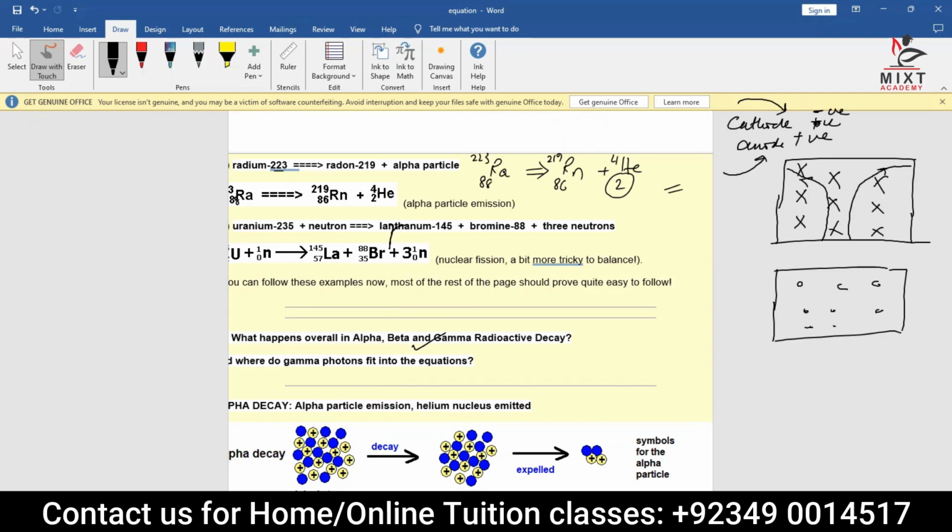So it means that your neutrons are also removed. If you are asking me exactly what is removed, I will say 2 protons and 2 neutrons. 2 protons means atomic number reduced by 2, and 2 protons and 2 neutrons means mass number reduced by 4, because neutrons plus protons give the nucleon number. All right, understood? Okay. Good.